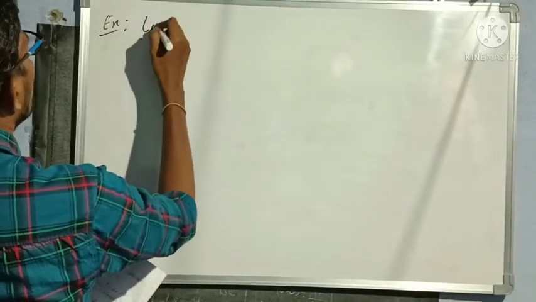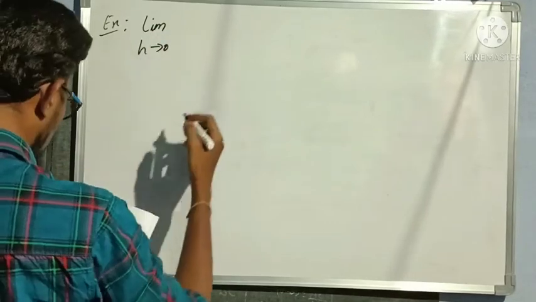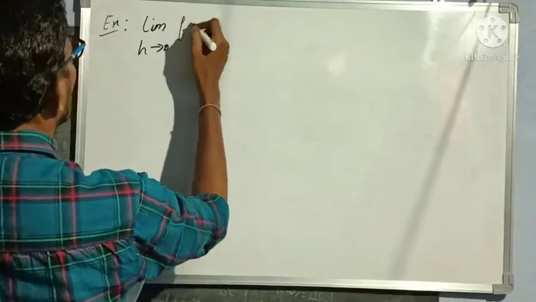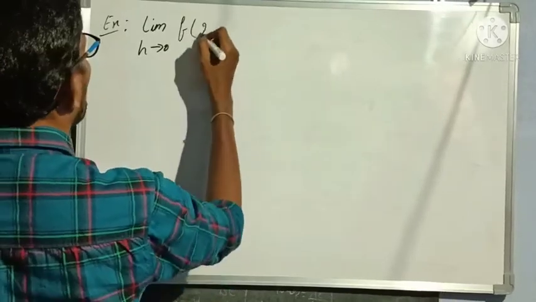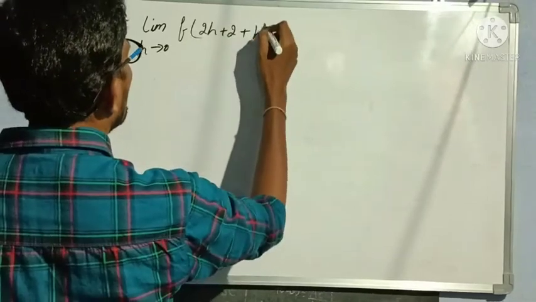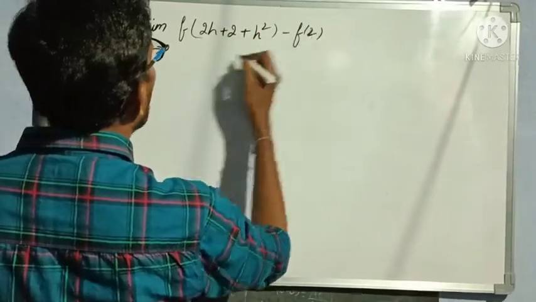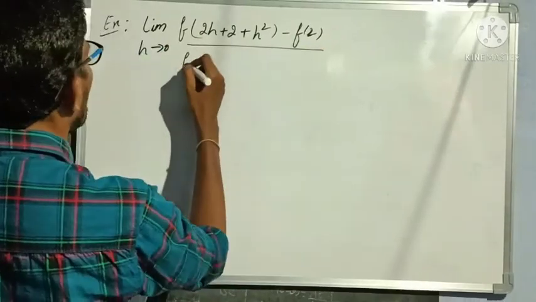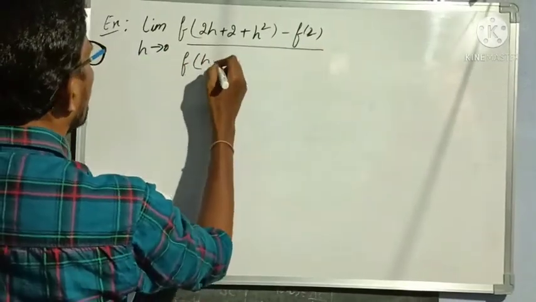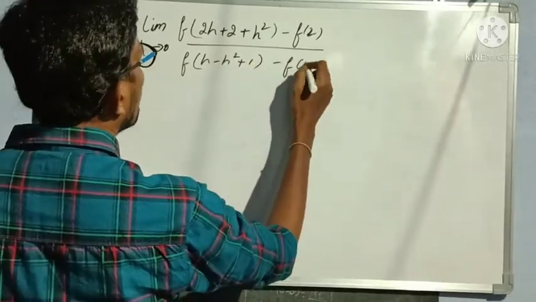Limit h tends to 0 of f of 2h plus 2 plus h square minus f of 2, by f of h minus h square plus 1 minus f of 1.